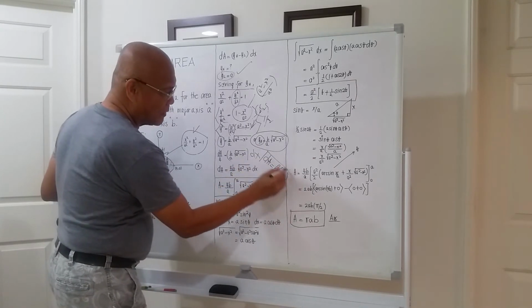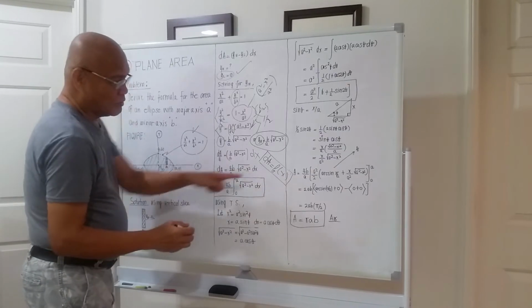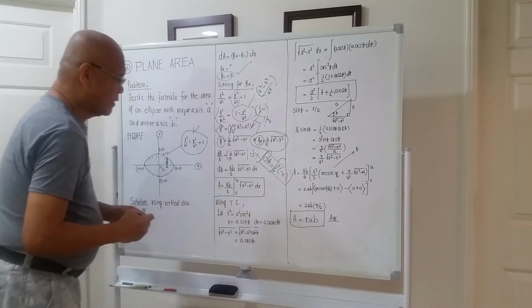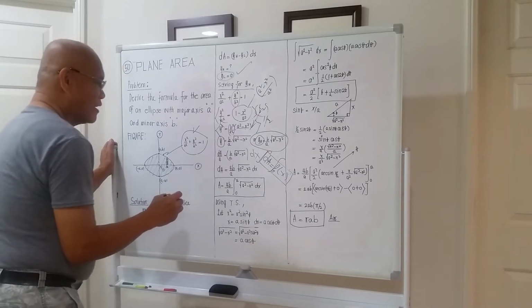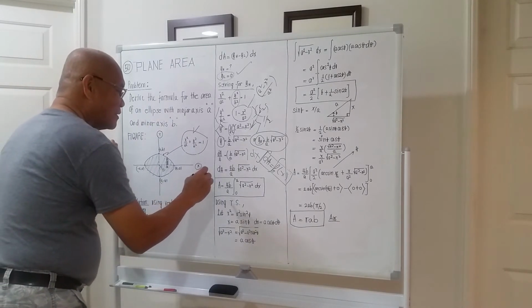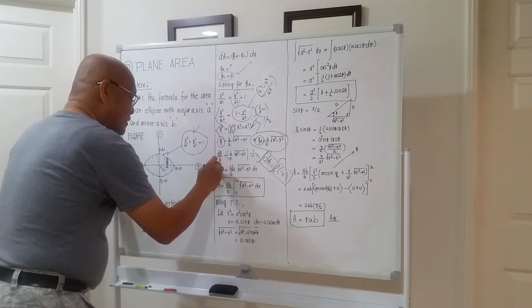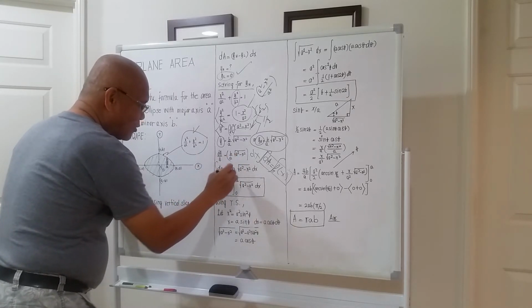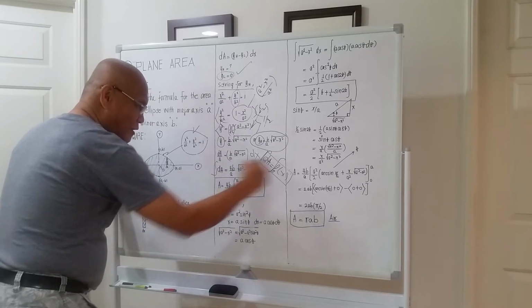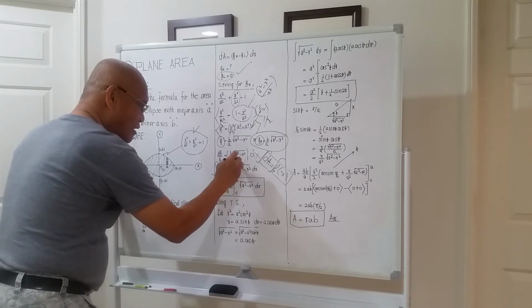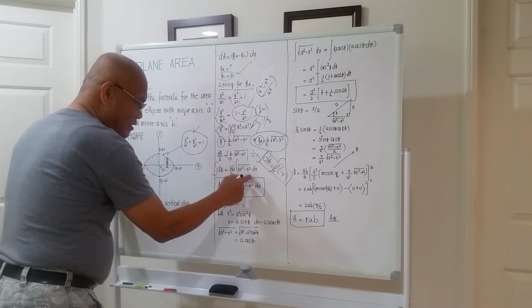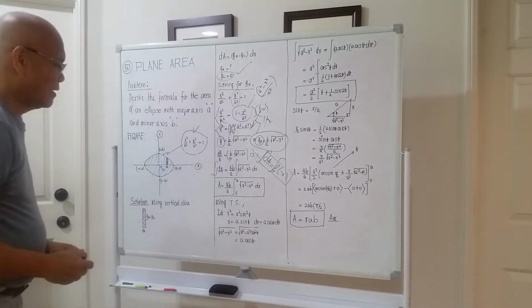Single variable x. So to compute for the area, take the integral of both sides. For b over a is constant, we can bring it out now. If we take the integral, the thing on the right hand side will be the integral of the square root of a square minus x square times dx.